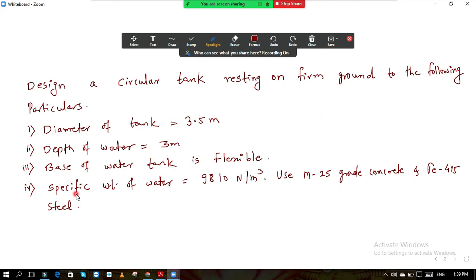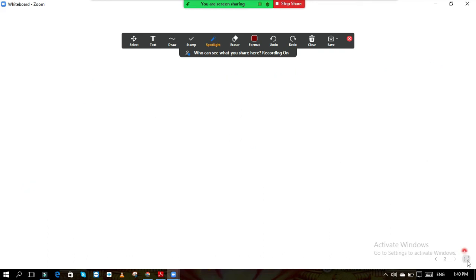If the base is rigid, it is casted along with the walls, forming a monolithic structure. Flexible base means it is casted separately. Specific weight of water is also given. Grade of concrete is M25; normally for water tank, higher than M20 grade concrete is used. And steel is 415.